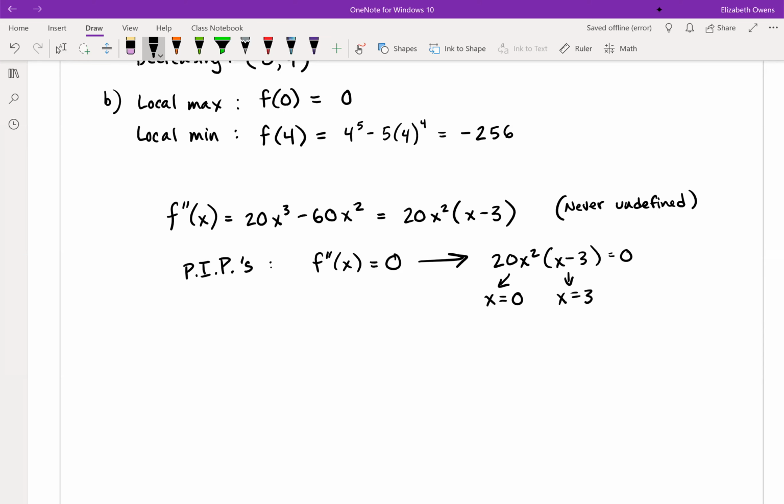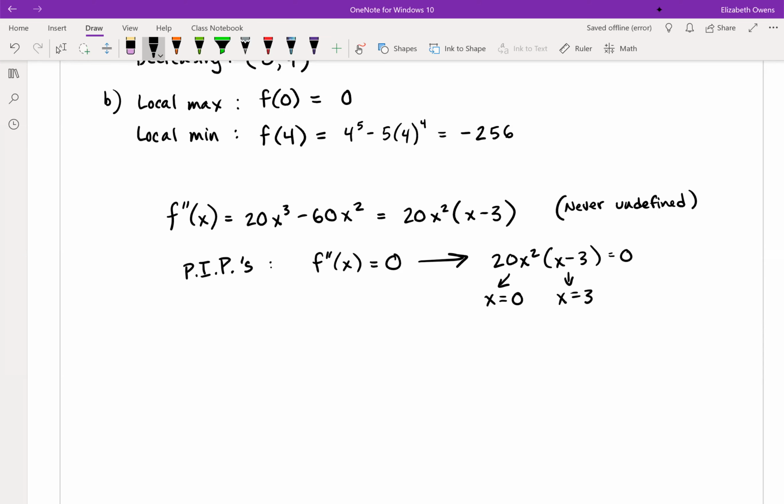So make that number line, label it with what you're testing. That way we don't confuse this one with the number line for the first derivative because they're different things. Okay, this is the function we're working on here. And we'll put in our points of interest here, 0 and 3. f double prime equal to 0 at both of those.